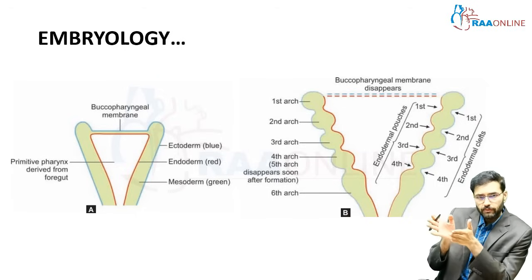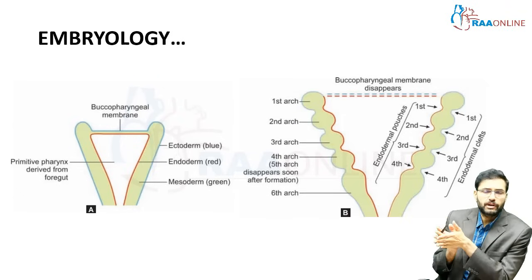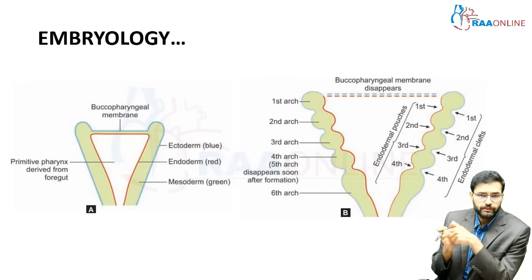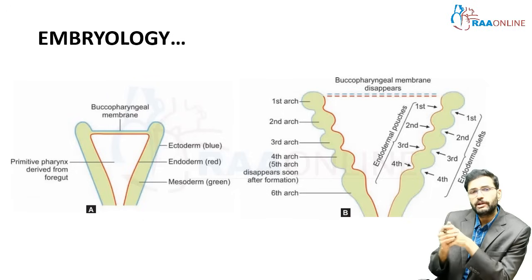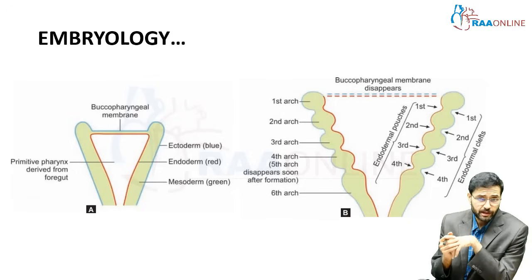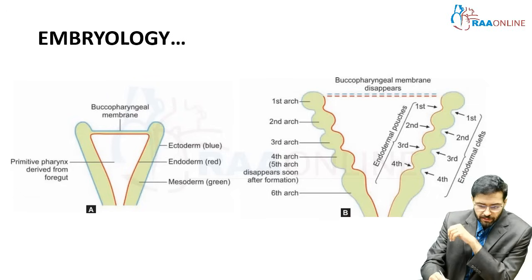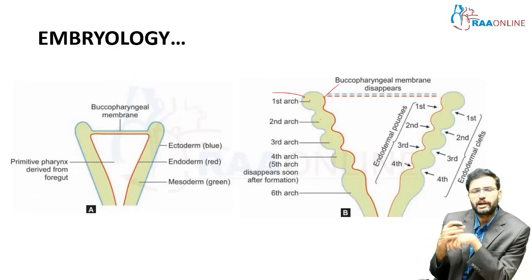So, this compressed pharynx or upper end of the developing foregut has three important layers. It has an outer ectodermal layer, an endodermal layer, and a middle mesodermal layer. This area is formed by the mesoderm, and you have here the endodermal layer and this is the ectodermal layer.